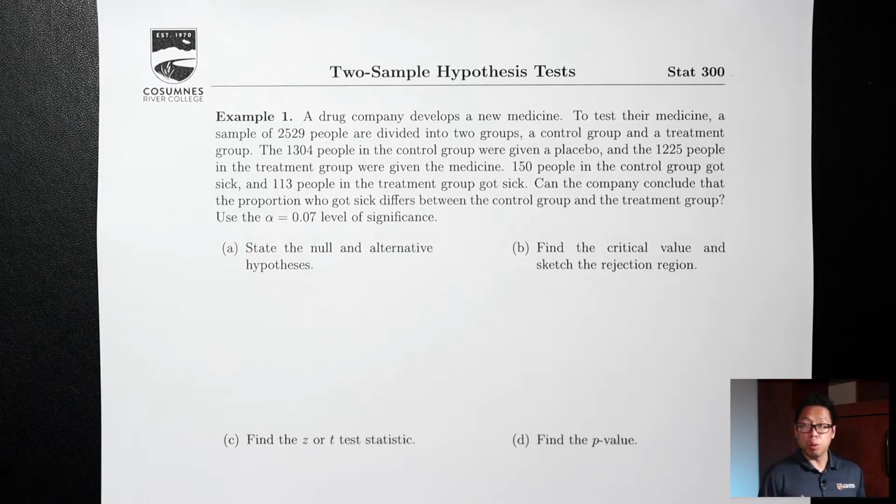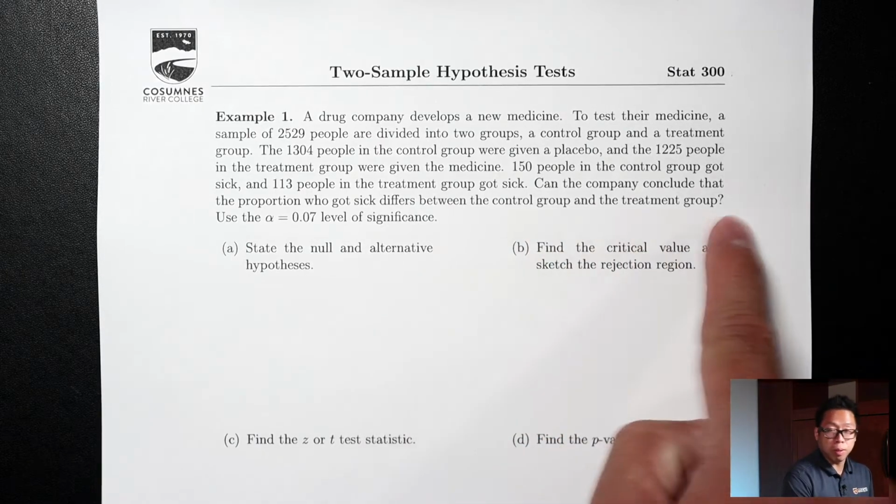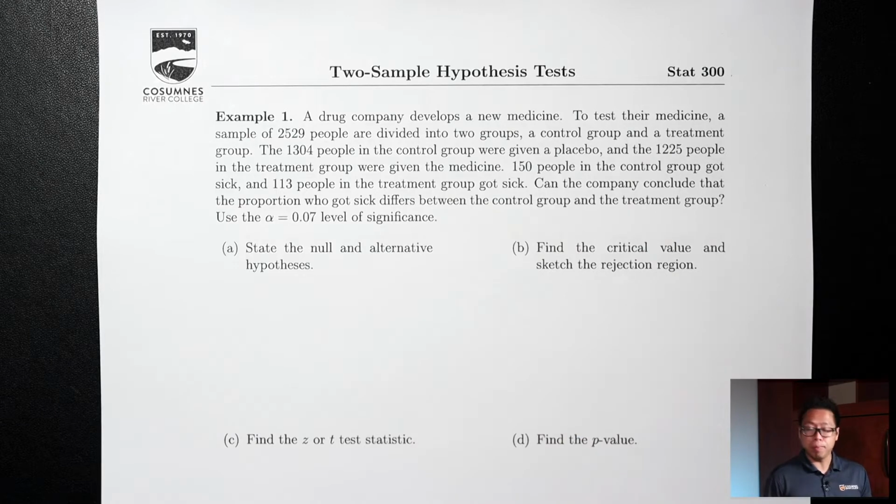Notice that we have two groups here. We have a control group and a treatment group. So this means that we have two samples. So this will either be a two proportions or a two means situation. And just like last time, if you see the words mean and standard deviation in the question, it's going to be a mean situation. If you don't see the words mean or standard deviation at all in the description, it will be a proportion.